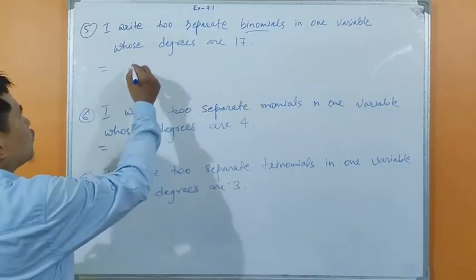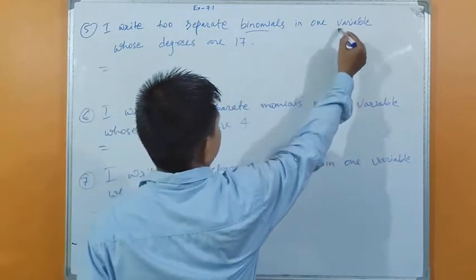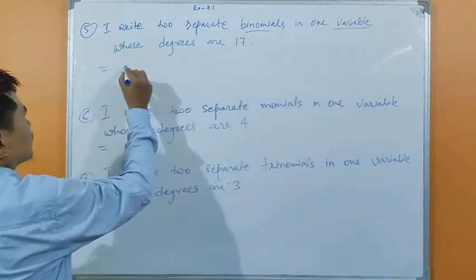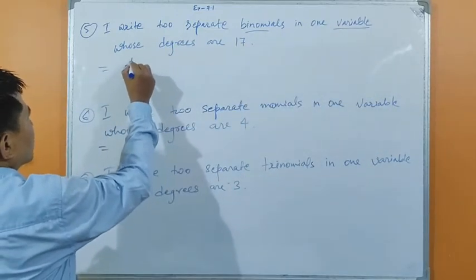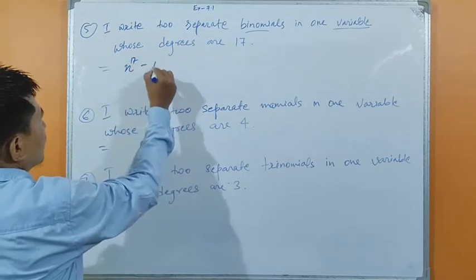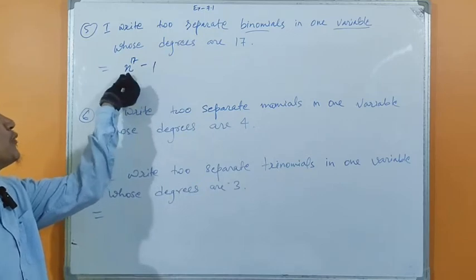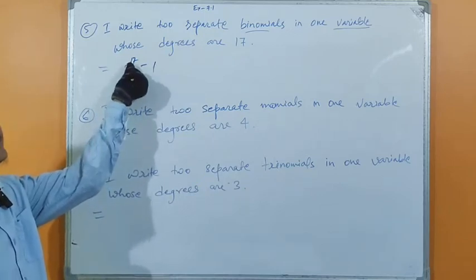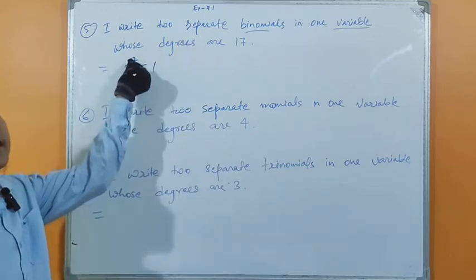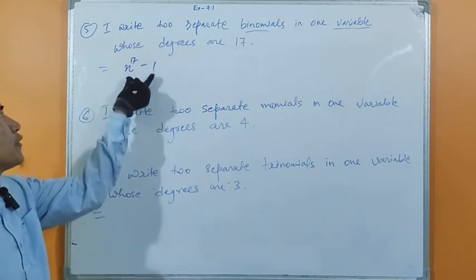Okay, in one variable. And another condition is in one variable. The variable should be 1. So x to the power 17 minus 1. This is a binomial because this is a polynomial having degree 17. The highest power of the variable is 17. And this polynomial has two terms.